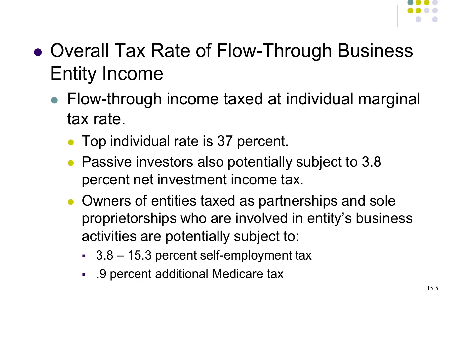All right, so this is a great summation slide for flow-through entities, all right? So again, flow-through income is taxed at the individual marginal rate, all right? So that income just gets dumped in the same bucket as your other income, essentially, and it increases your taxable income, so it changes what tax bracket you're in, potentially, all right? Passive investors. Remember we talked about those limited partners, right?